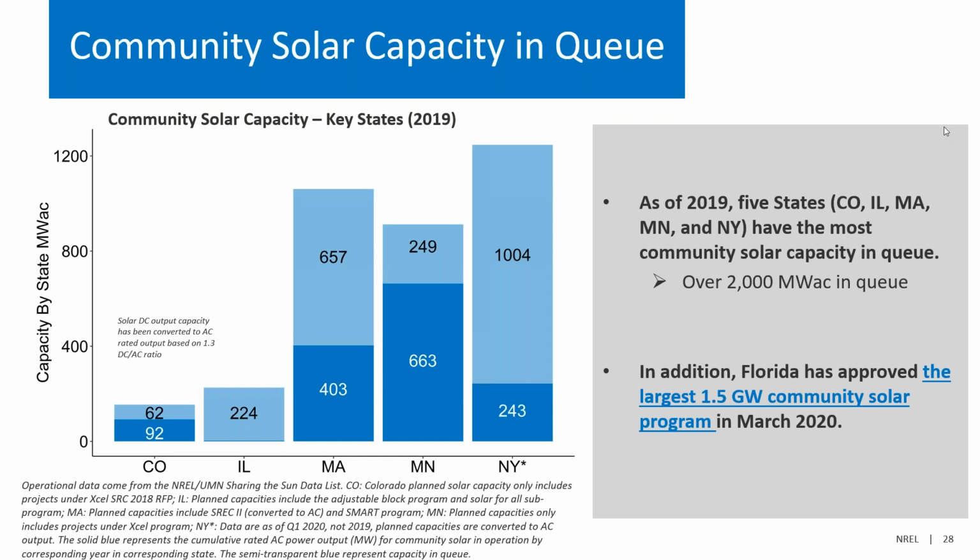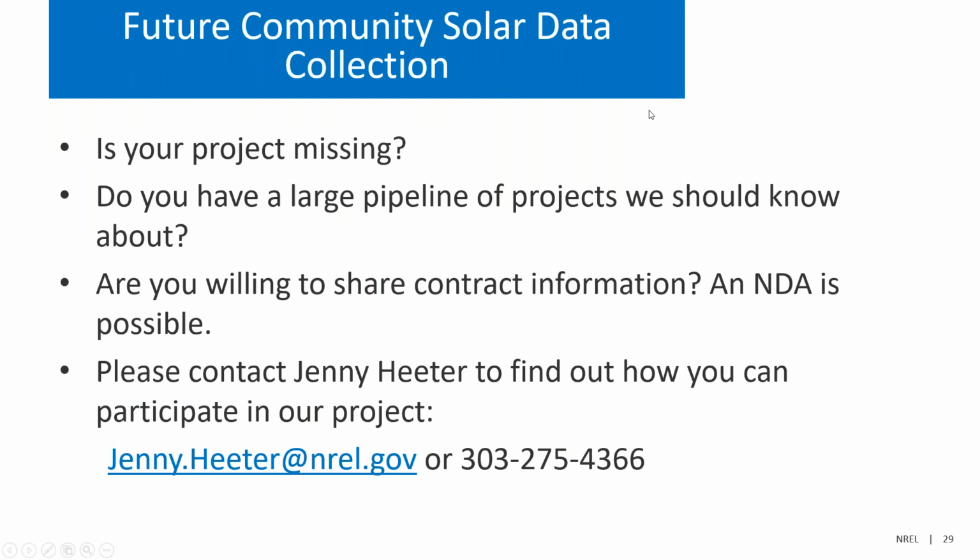So quite large in terms of capacity. Some folks might consider those project sizes too large to be community, however you may define that. So that's one we're tracking, and those projects have not been developed yet, so they're not in our data anyway. So overall, we have about 2 gigawatts that are in those states' pending capacities.